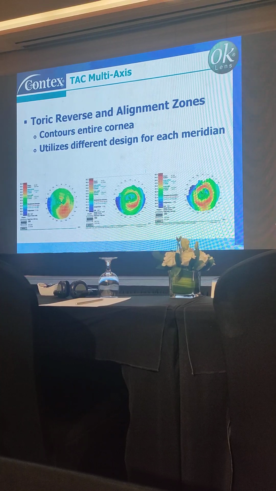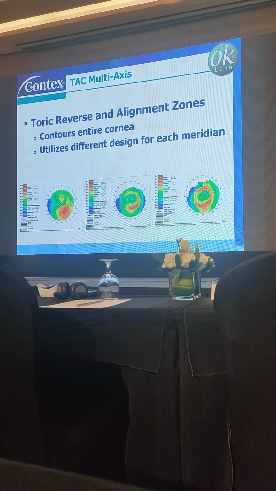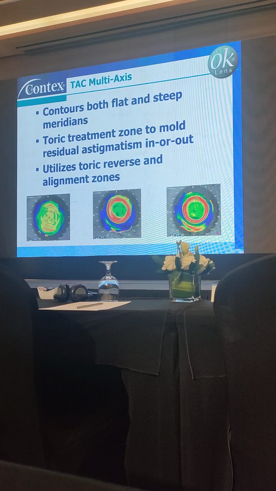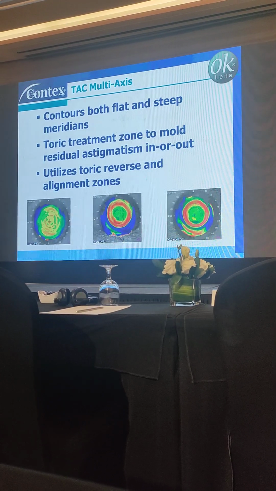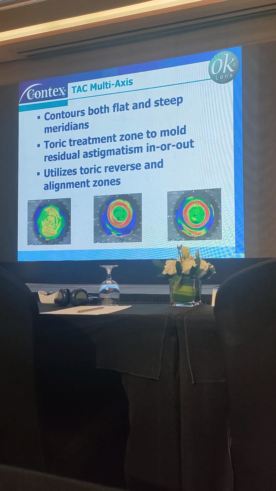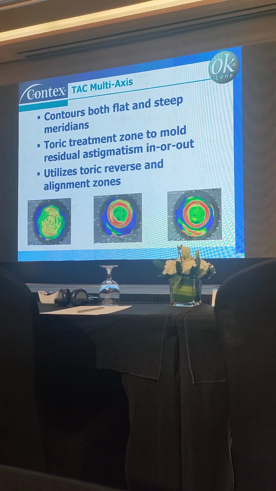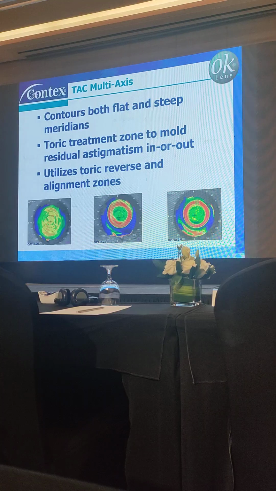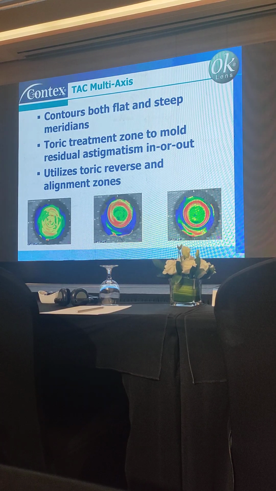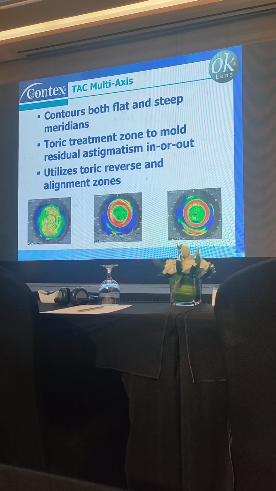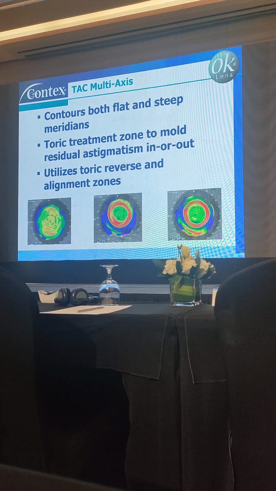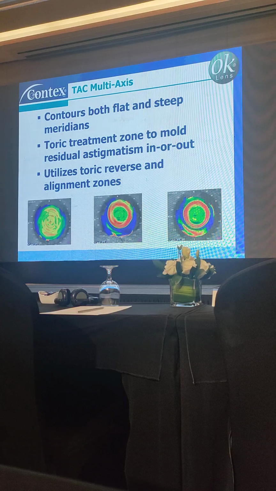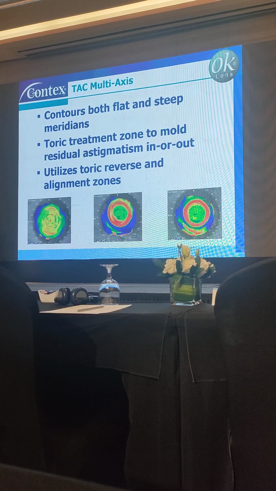But the toric reverse alignment curves, they really contour the whole cornea. And then this is toric treatment zones. So this is getting into residual astigmatism. So if you have that patient that's 42 to 44 K readings, that's 2 diopters of corneal astigmatism still. But if they're -3, you're not going to be able to get rid of all that refractive cylinder.